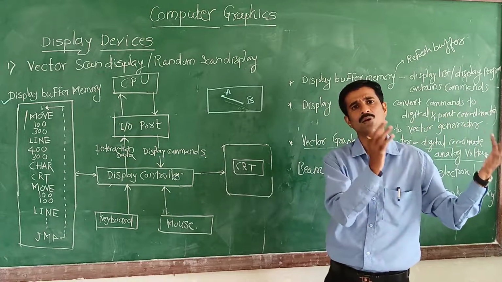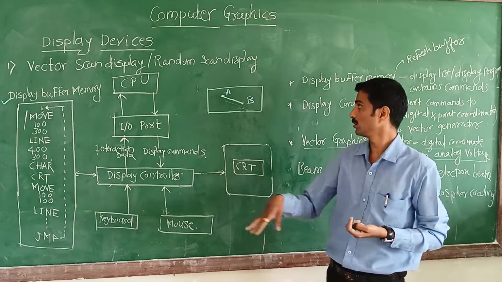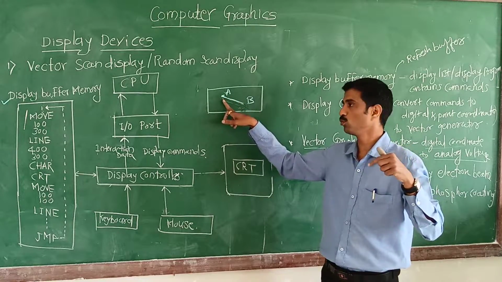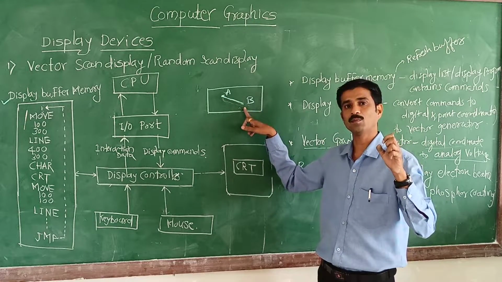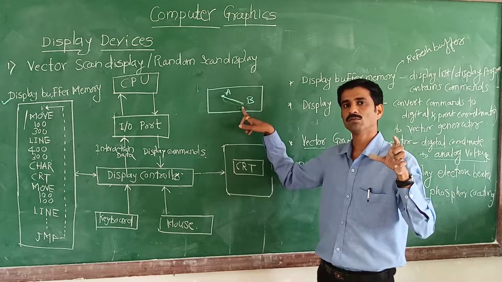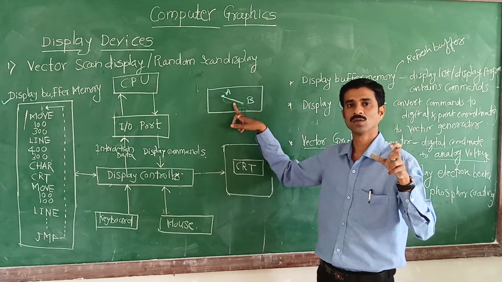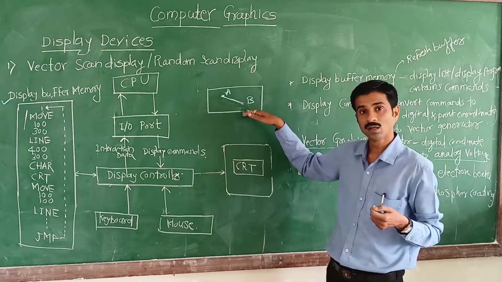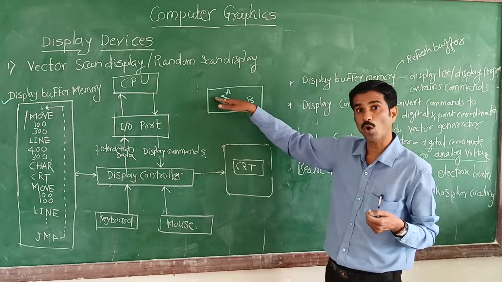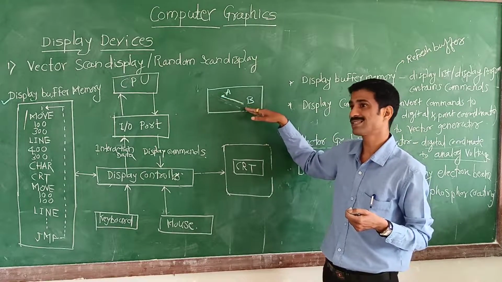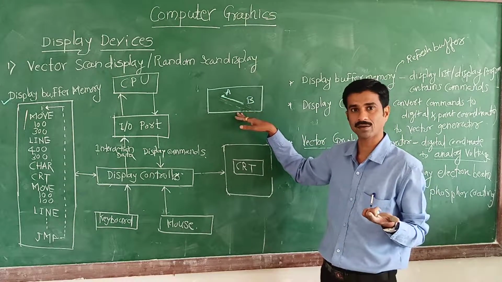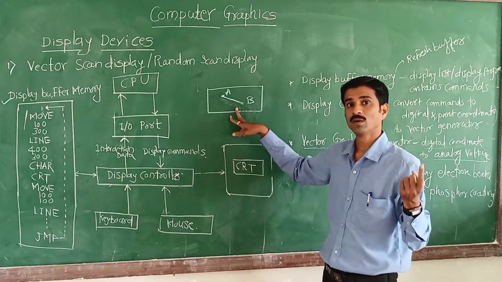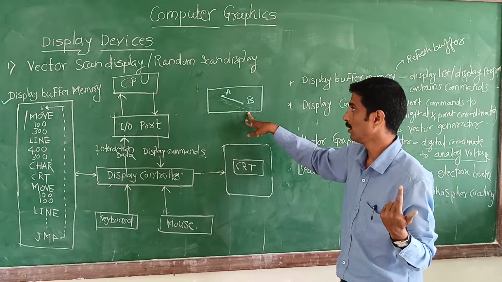If I want to display only points A and B, it will be on at A, then move directly from A to B, and at point B it will be on. In between it will be off. If I want to draw a continuous line from A to B, then it will be continuously on. Similarly for characters.